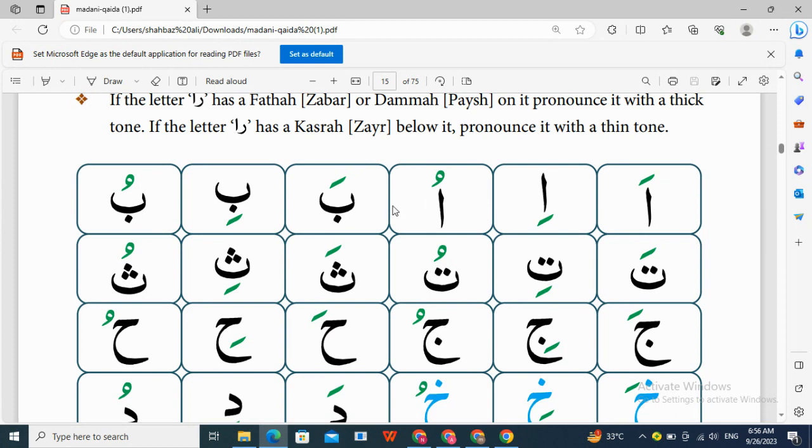Okay. Ba zabar ba, ba zer bi, ba pesh bu, ba bi bu. Next, ta zabar ta, ta zer ti, ta pesh tu, ta ti tu.